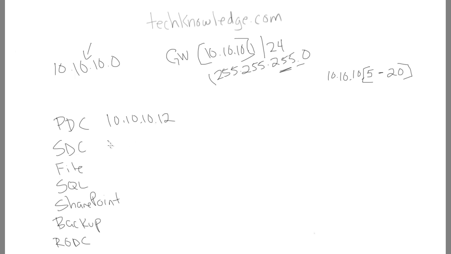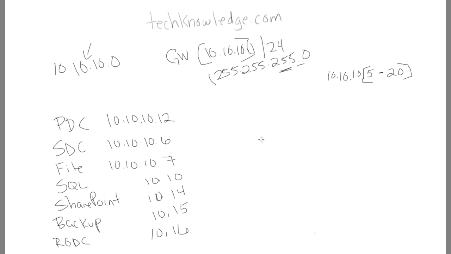Our secondary can be 10.10.10.6, and this is going to be 7. So those are going to be our IP addresses, and I'm not going to waste our time going through setting up each individual one. I'll do it on the fly as we use them, and I'll have them done before I make the videos.